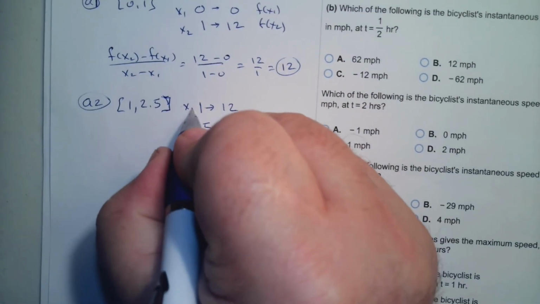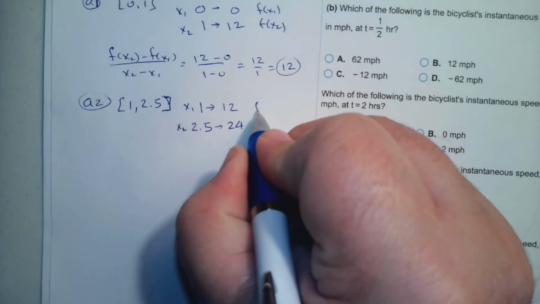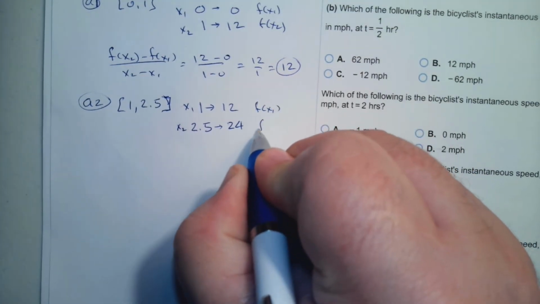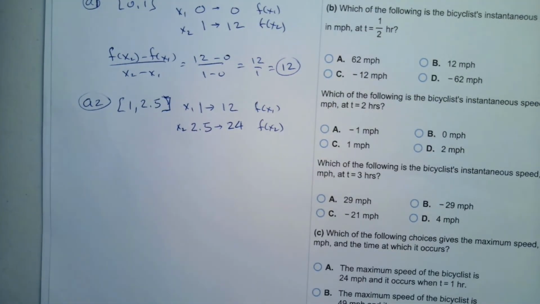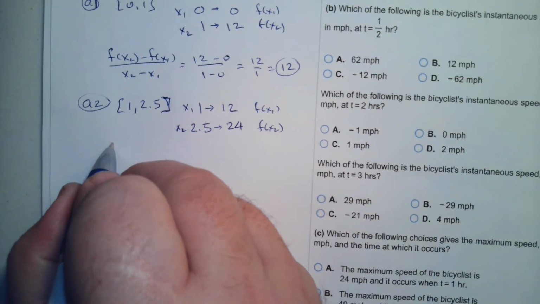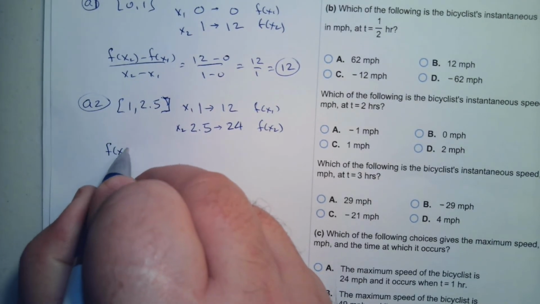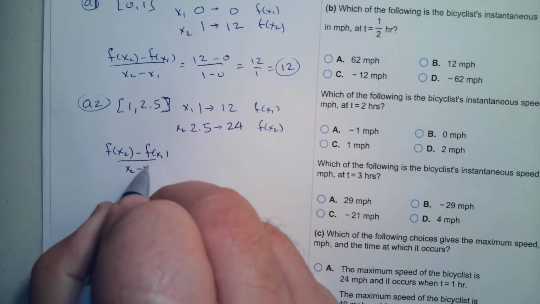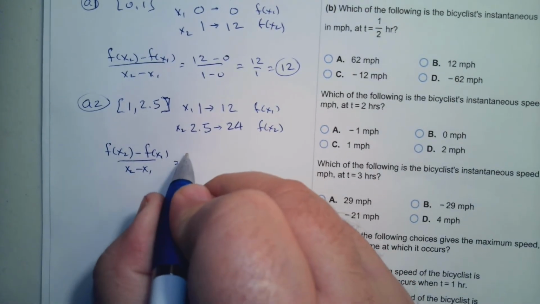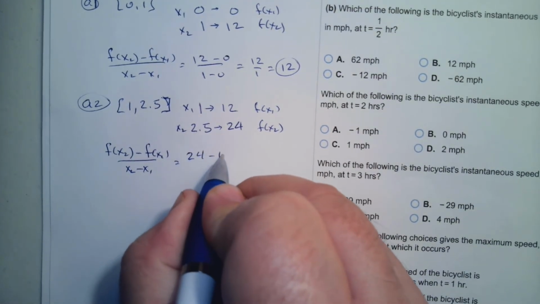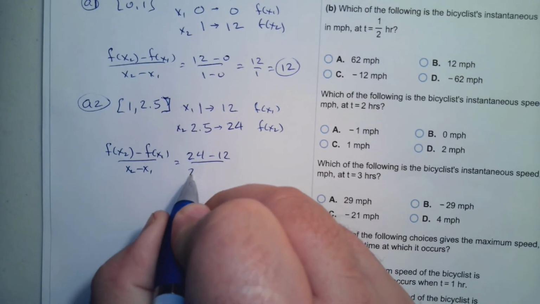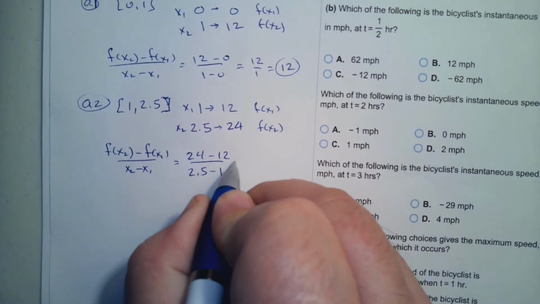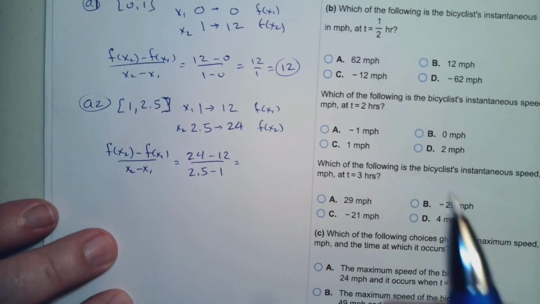So f of x2 minus f of x1 over x2 minus x1: 24 minus 12 over 2.5 minus 1.